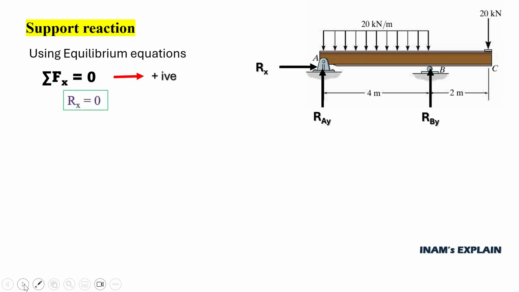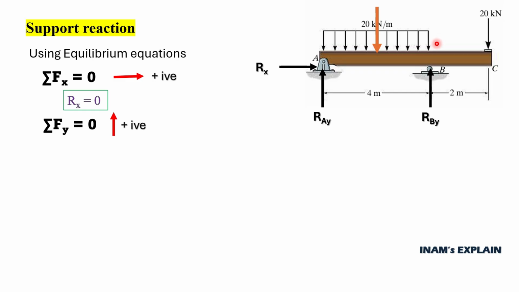Now the second equilibrium equation is that the summation of all forces along the y-axis should be equal to 0. I am assuming that all forces directed upward are positive and all forces directed downward are negative. Before making the equation, we have this uniformly distributed load, and we will convert it into a point load.